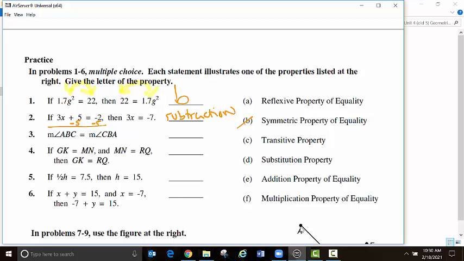All right, next, 3. Rachel, what'd you guys get? Yep. A, it is the reflexive property, okay? It's equal to itself. They rewrite them, but it still means it's the same thing. Okay? 4, I don't know.